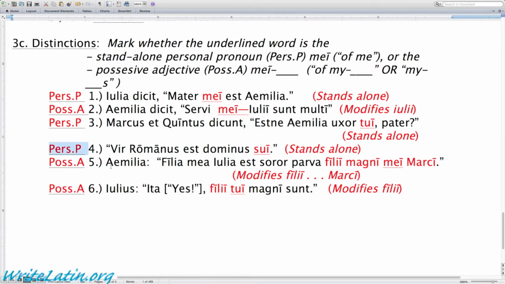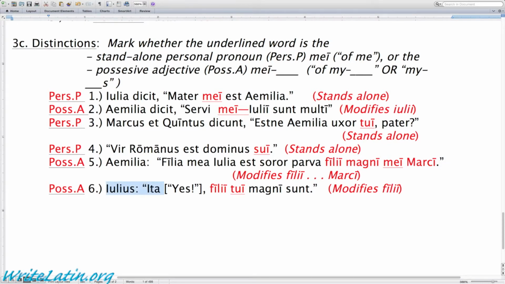Personal pronoun, stands alone. Amelia, my daughter Julia, is the little sister of my big son Marcus. My here modifies son Marcus. So does Magni.